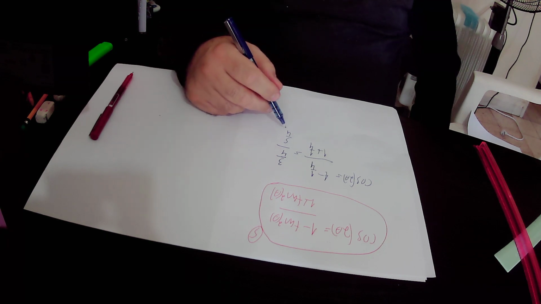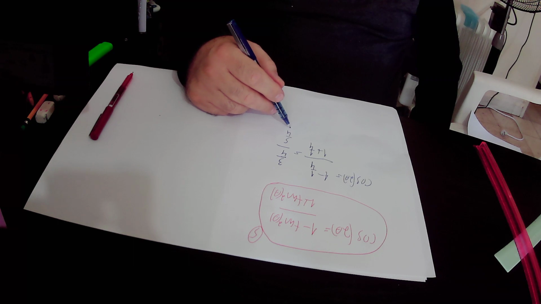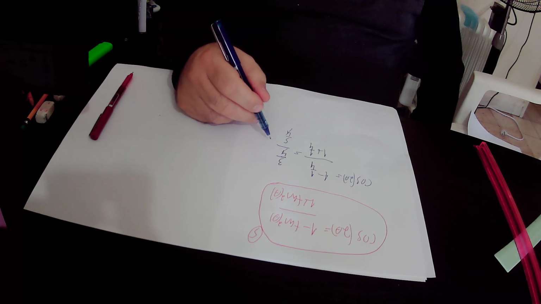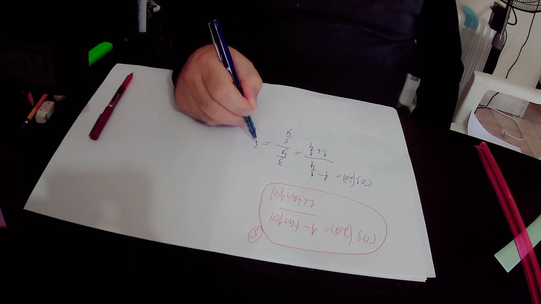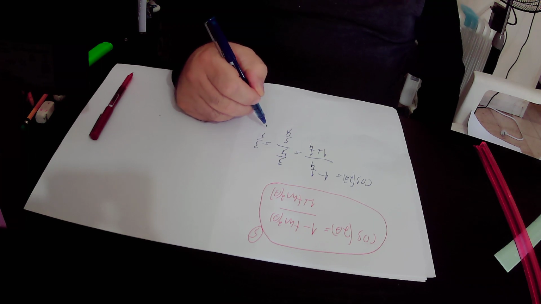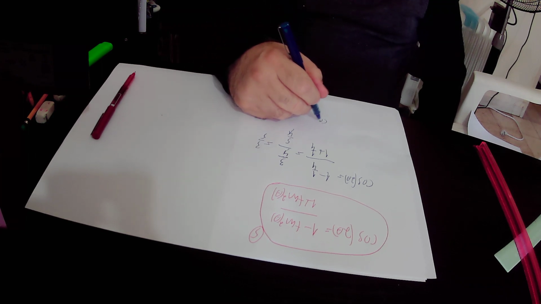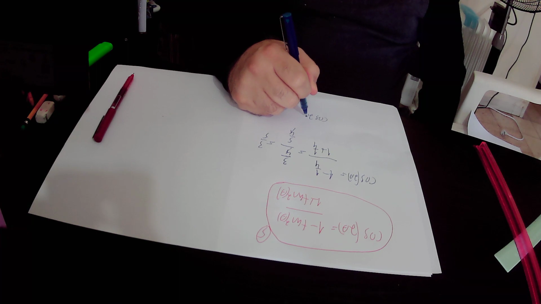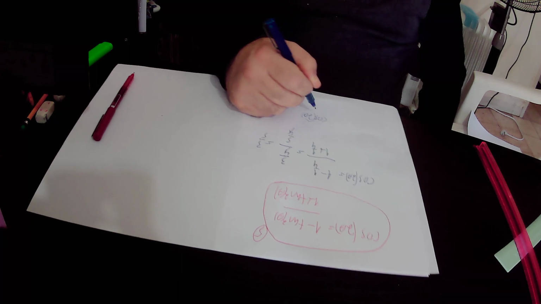So here we have 4 in the numerator and 4 in the denominator, so 4 will get cancelled. In conclusion, we found out that cosine 2 theta equals 3 over 5.